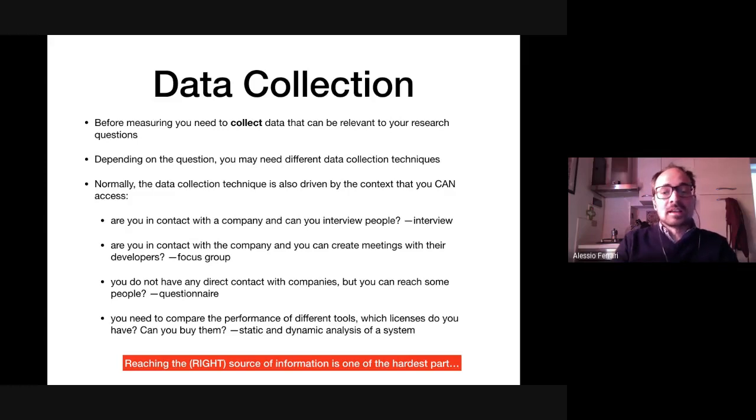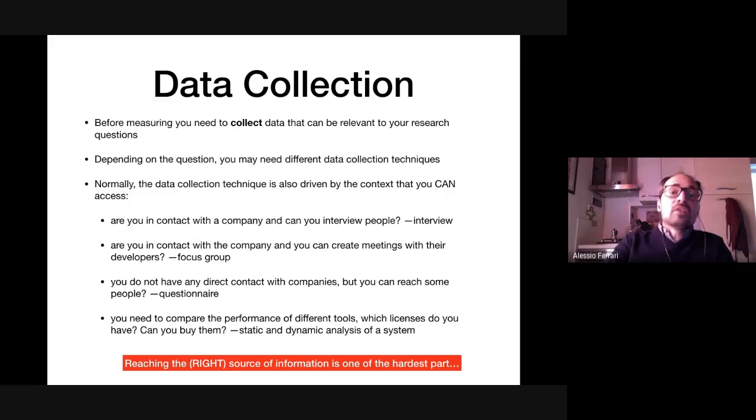Because even if you are a researcher or a student, and you get in contact with some software industry, it is very difficult to ask them to meet in a focus group for 1 hour or 2 hours, because they have to stop their work. But if you're able to do that, it is good to have a meeting, because you can observe data related to the relationship between the people, for example.